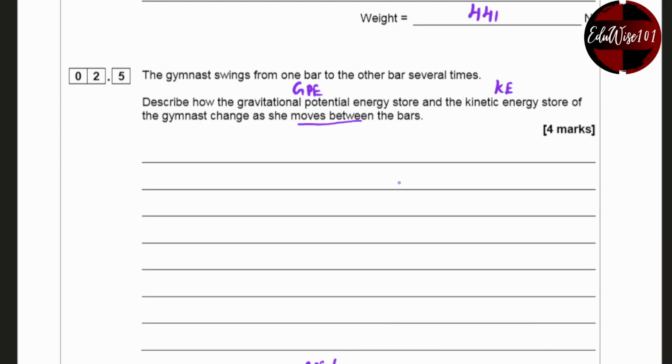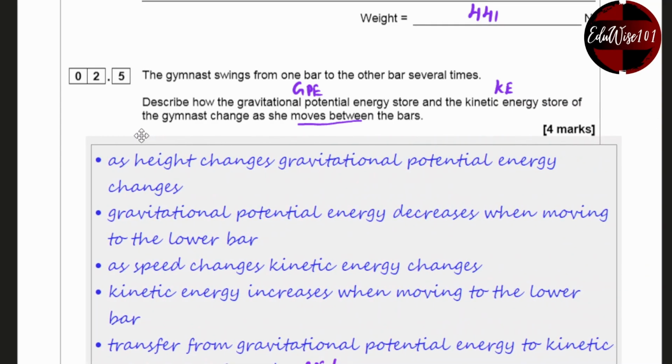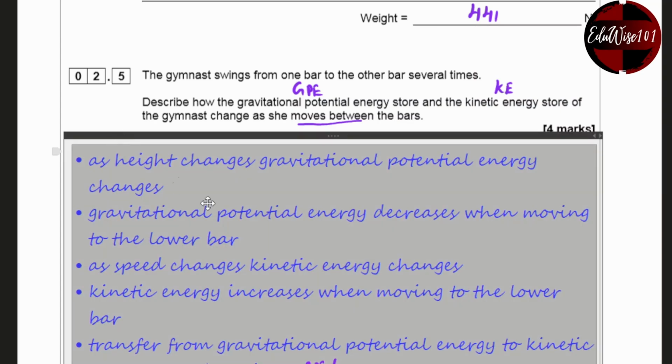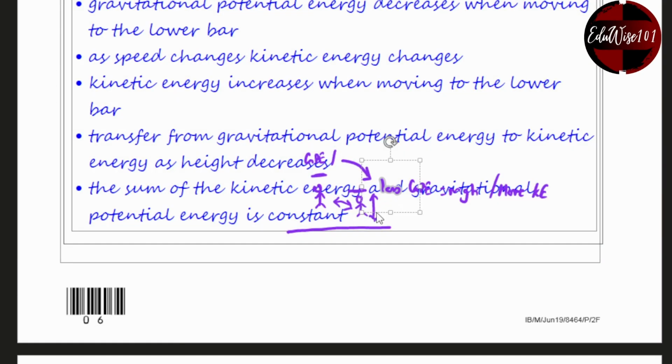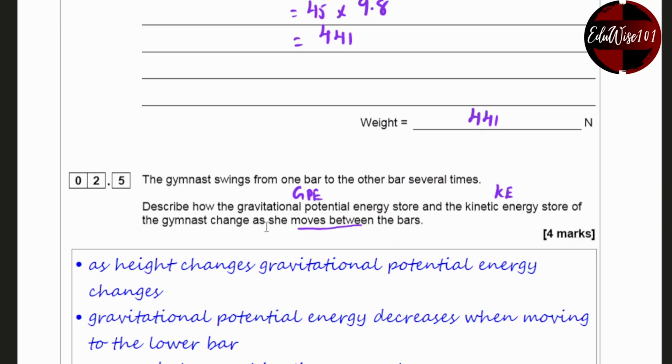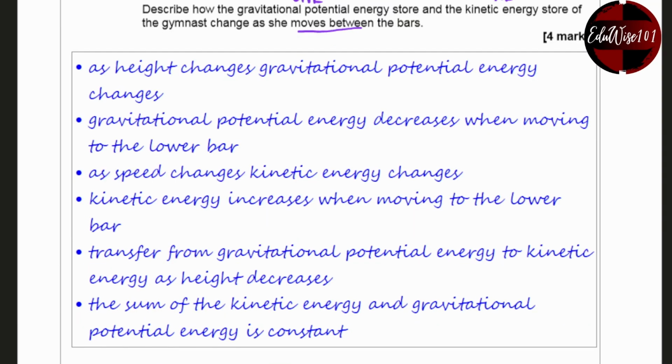So how do we write this? Here's a sample answer. As height changes, gravitational potential energy also changes. Gravitational potential energy decreases when moving to the low bar.